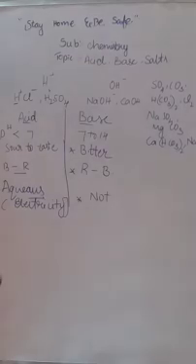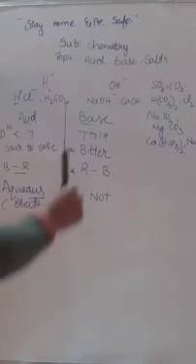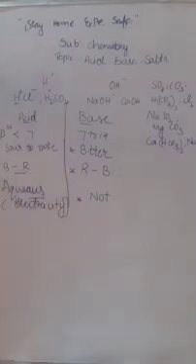Acids are sour to taste, but bases are bitter to taste. Acids turn blue litmus to red, but bases turn red litmus to blue. And acids conduct electricity in aqueous state, but bases do not conduct electricity in aqueous state.